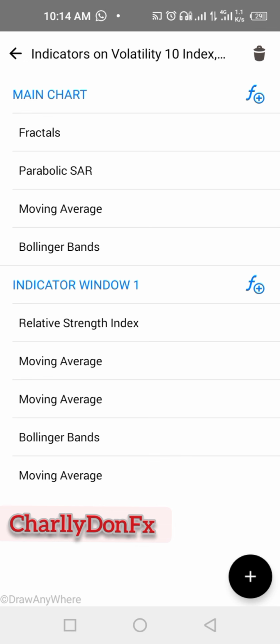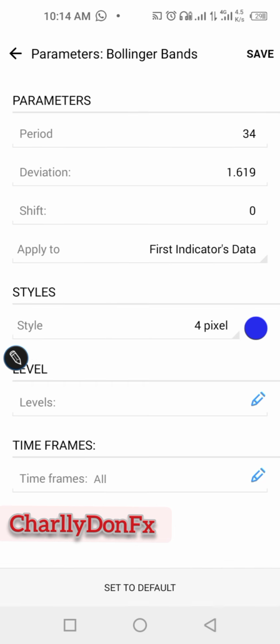The next one is a Bollinger Band. The parameters are period 34, deviation 1.619, shift 0, apply to first indicator's data. The style is 4 pixel.